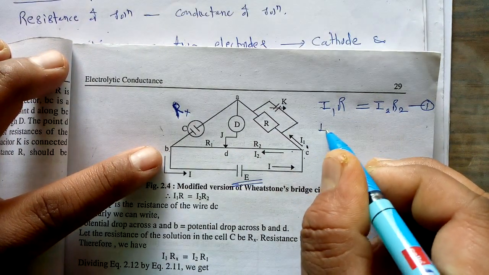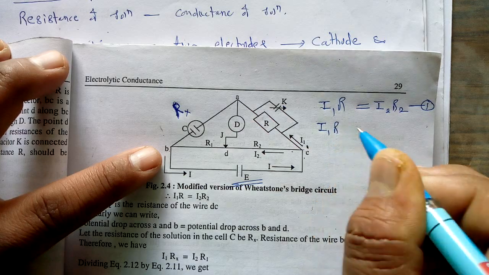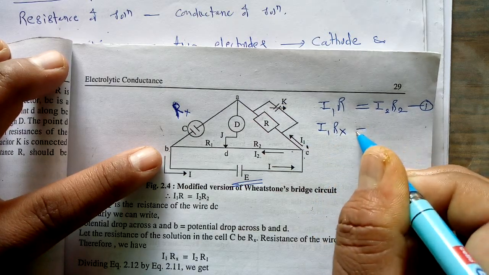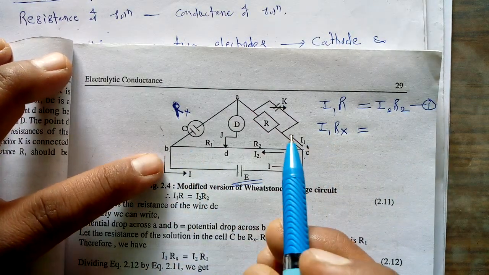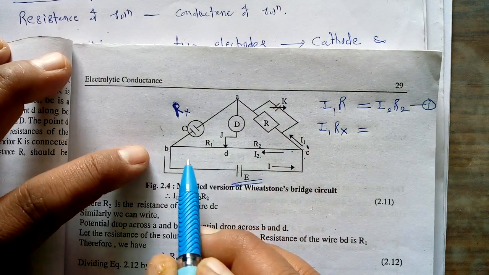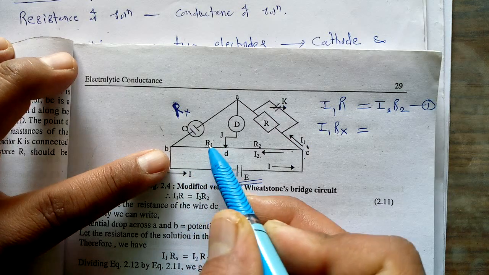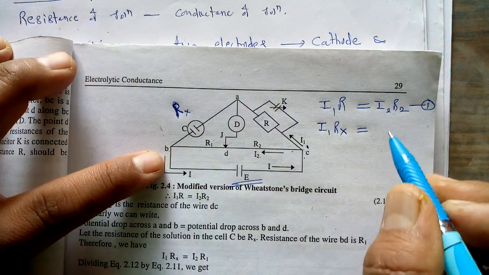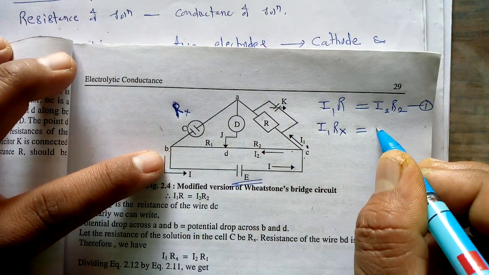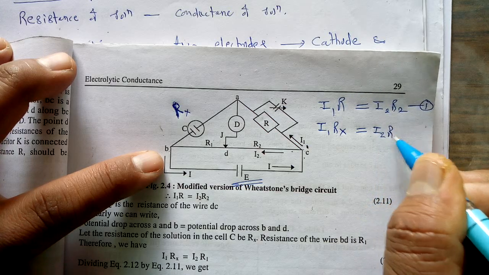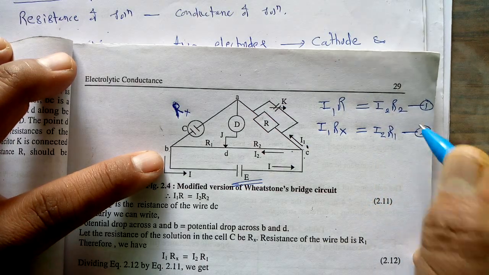So it is equal to I1 into Rx, which equals, in this case again, what is the current? On this side the current is I2 and the resistance is R1. So it is equal to I2 into R1. So this is equation number 2.